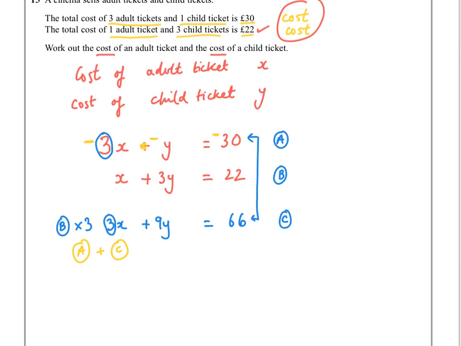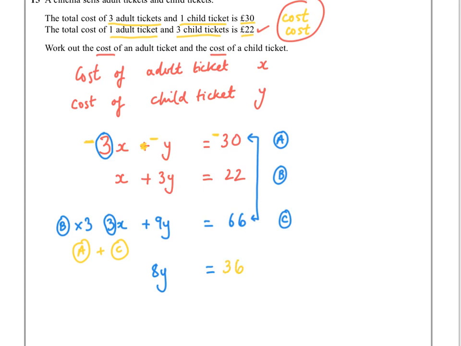So I'll end up with minus 3x and 3x is 0. I'll then have negative y and 9y. Well, that's going to give me 8y. And that's going to be equal to negative 30 and 66, which is going to be 36.